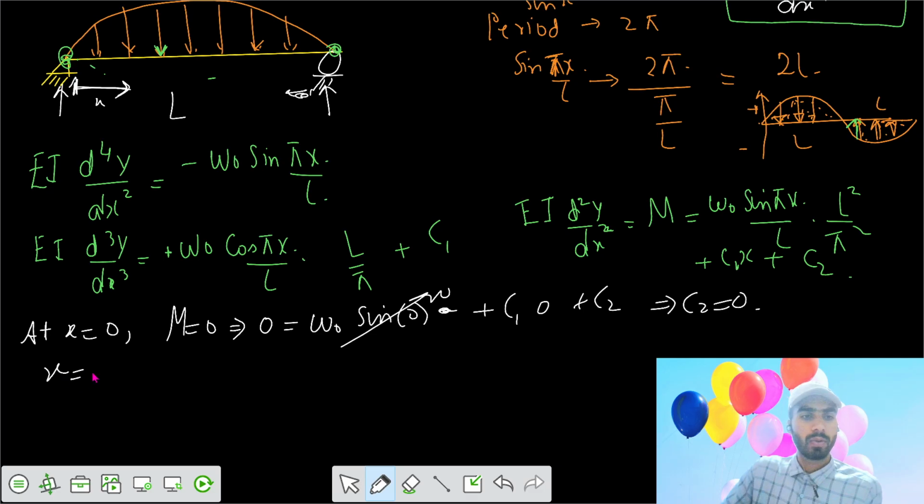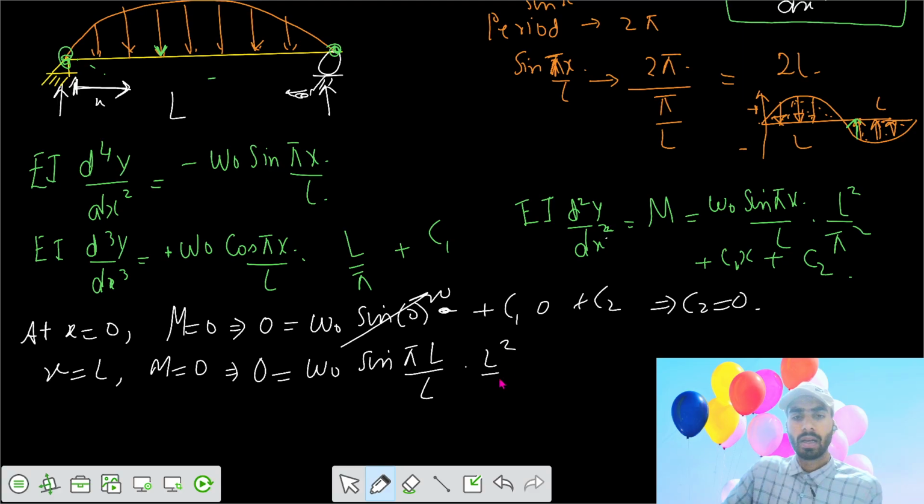Similarly at x equals L, we have that M is also 0, which implies 0 equals W naught sine pi x value of L by L into L square by pi square, then constant C1 into L plus C2.